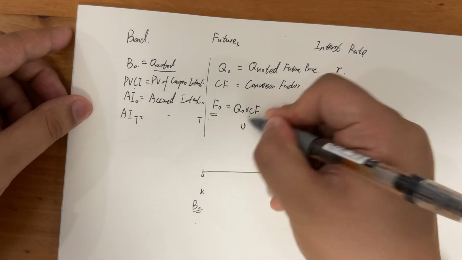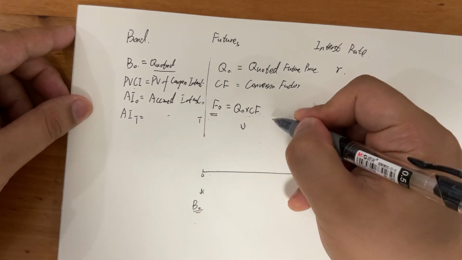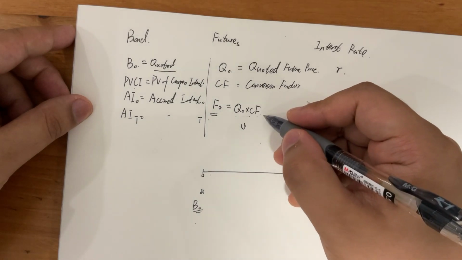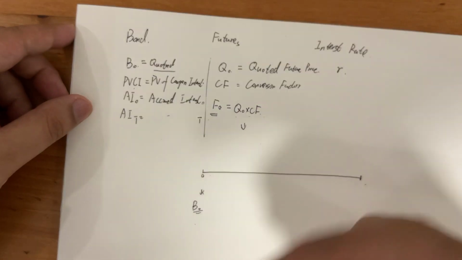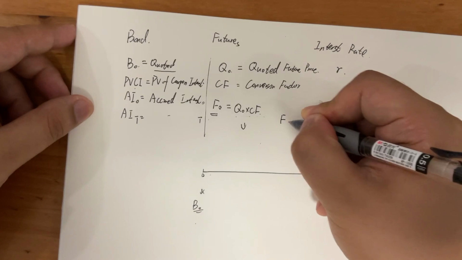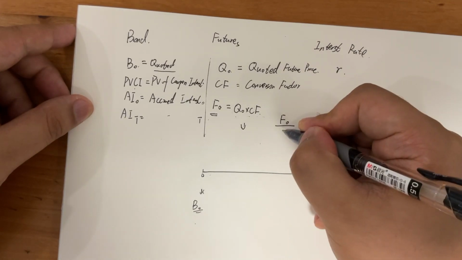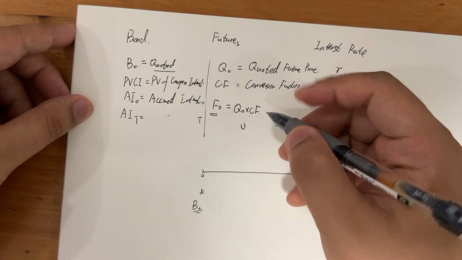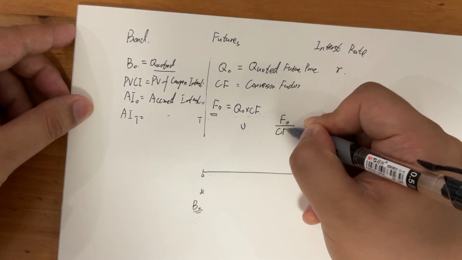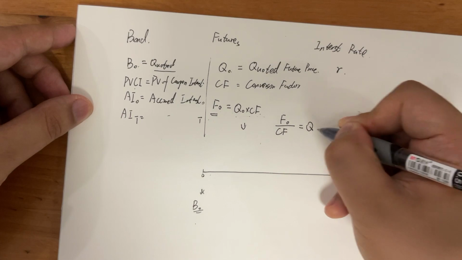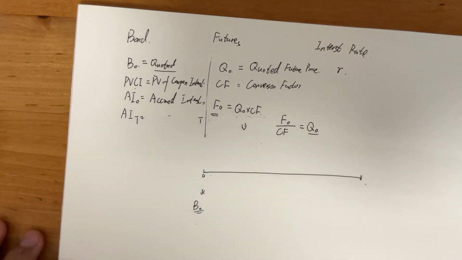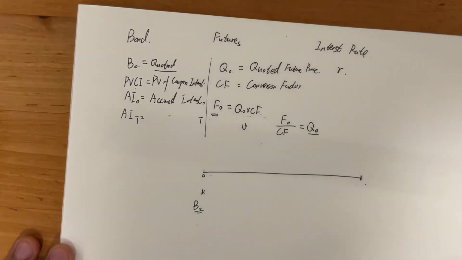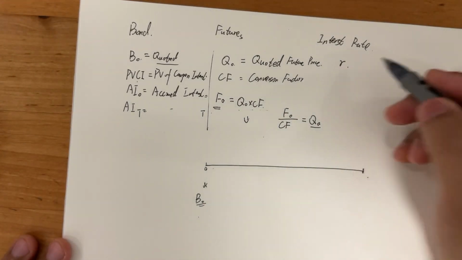So you use the quoted price multiplied by the conversion factor, or if you go in reverse, you divide the future price by CF on both sides, so F0 divided by CF will be the quoted Q0. Hopefully that makes sense, and R is just the interest rate.